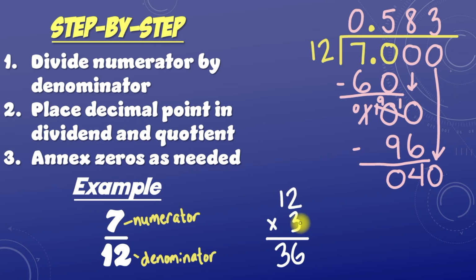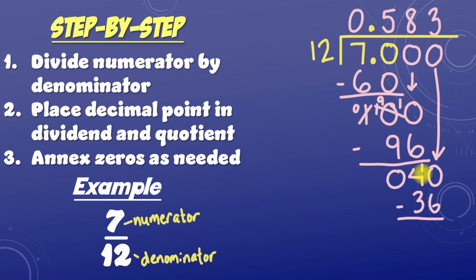So 12 times 3 is 36. So that's what we'll put right here. So we can't subtract 0 minus 6, so we'll borrow from 4, make that a 3, and then the 0 will become a 10. 10 minus 6 is 4. And 3 minus 3 is 0.